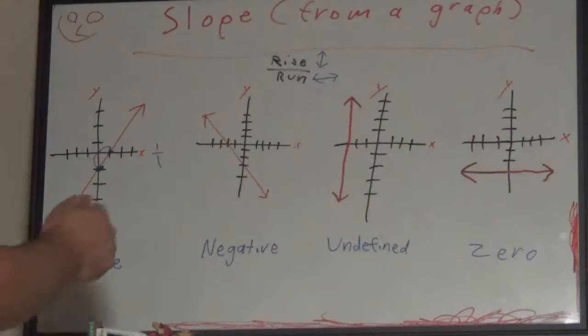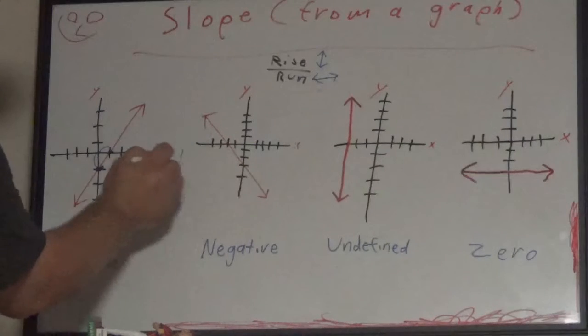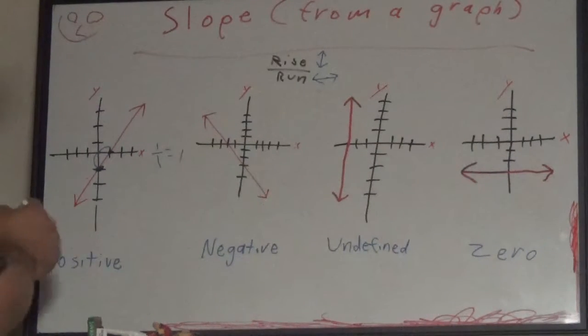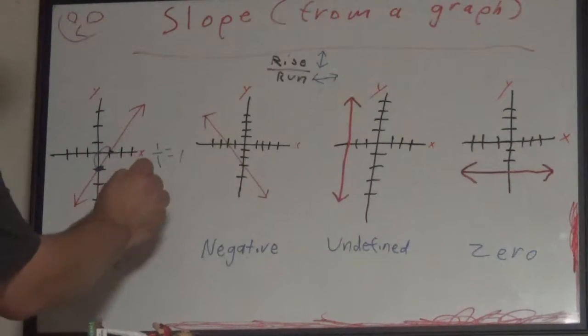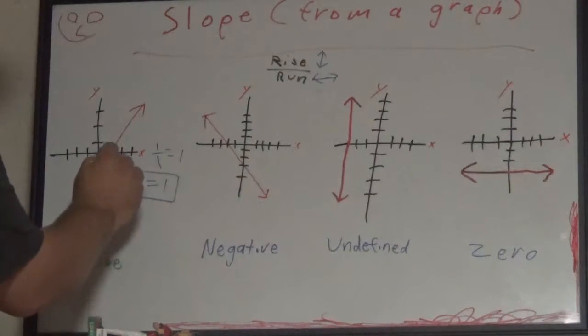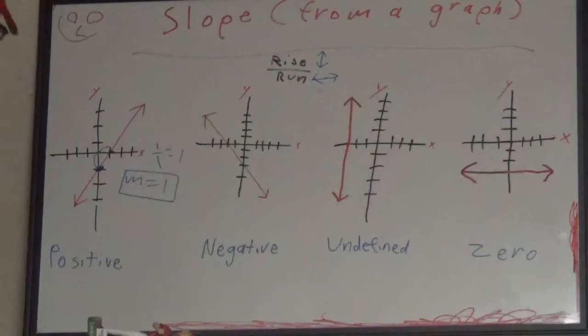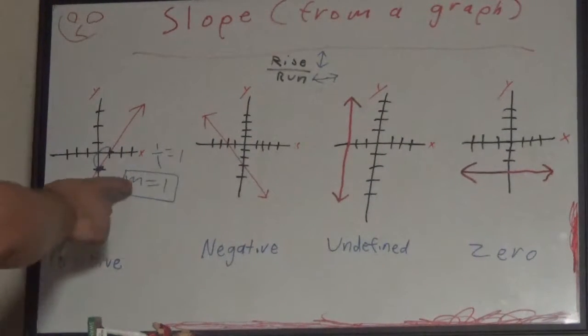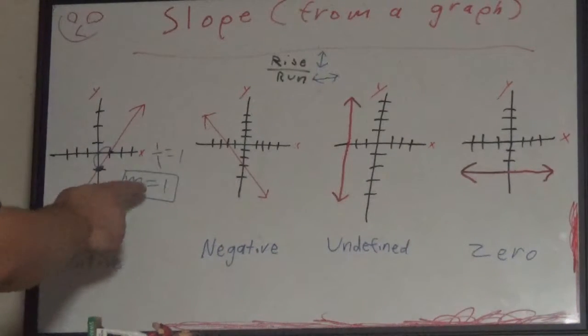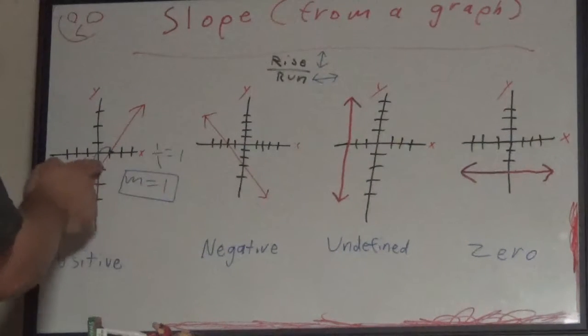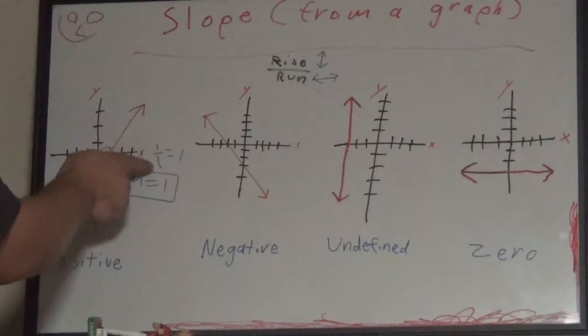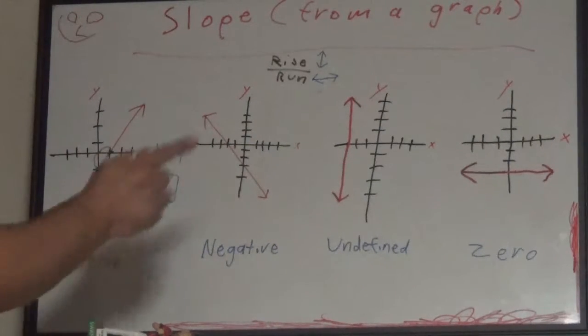What's 1 divided by 1? 1. So our slope is 1. And by the way, I put m. When I go over linear equations, I'll use m a lot. M is the variable in the linear equation that represents slope. But the slope is 1. Up 1, over 1. 1 over 1, simplify that, 1.